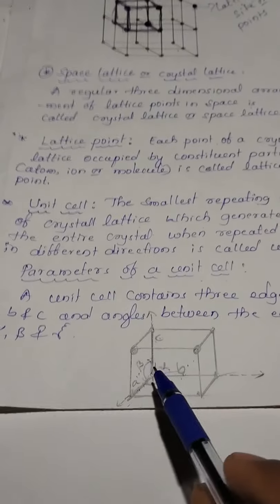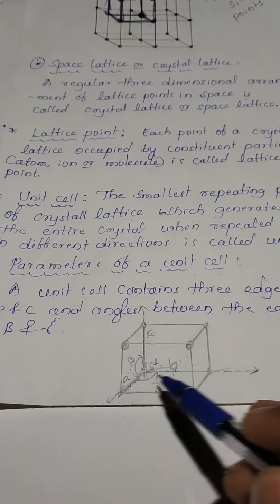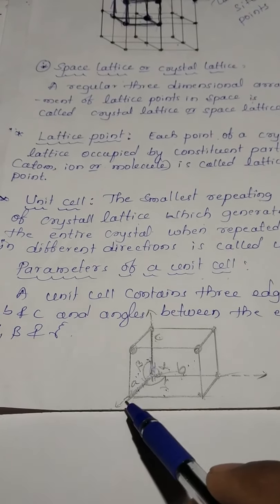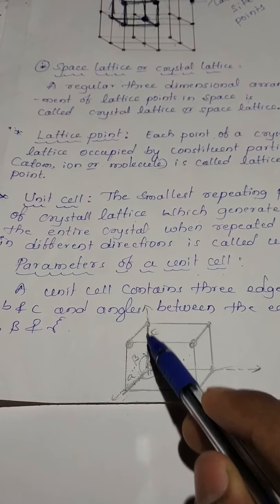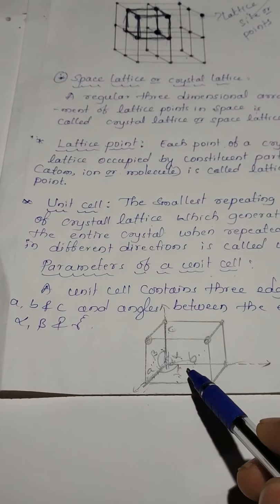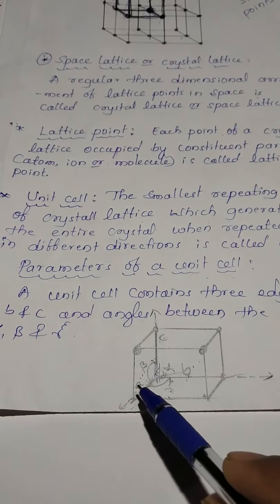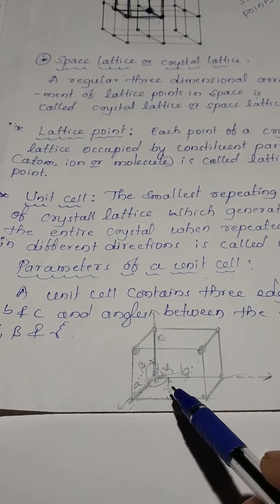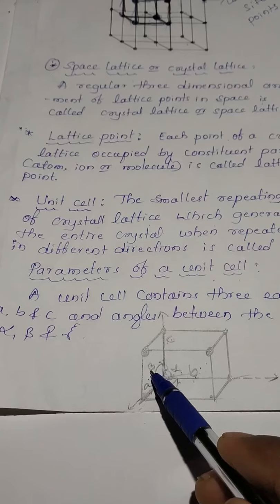See here, this edge length, this edge length, and this edge length. This is called A, this is B, this is C. The angle between B and C is called alpha. The angle between A and B is called gamma. The angle between A and C is called beta.